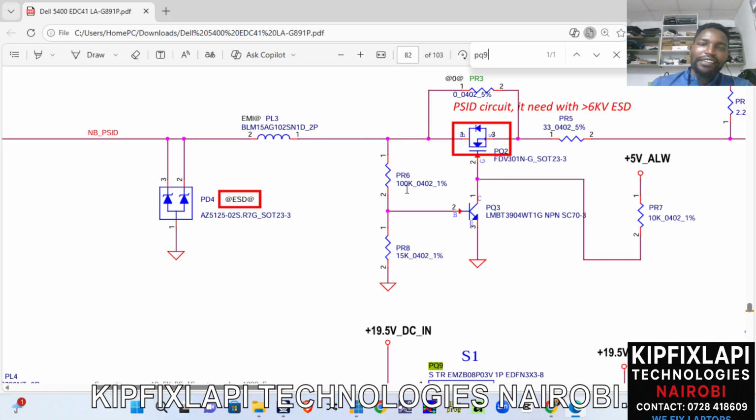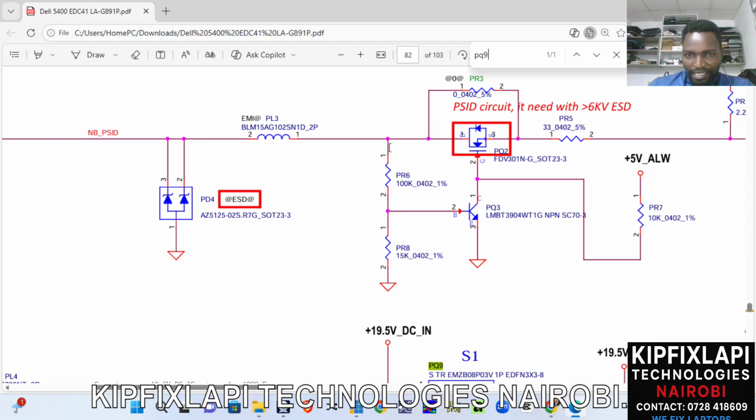So if this is the resistor for 100 kilo ohms, I can either get 99 point something kilo ohms or 101 point something kilo ohms. It should not be less than 99 or more than 101 kilo ohms, because it will be more than 1% error. That is why you need to have this last value to represent the error of that resistor.